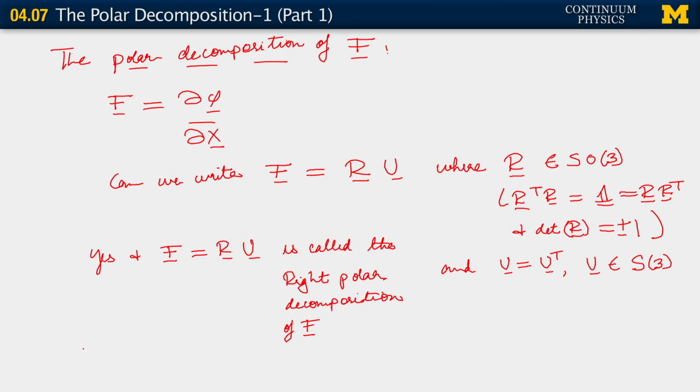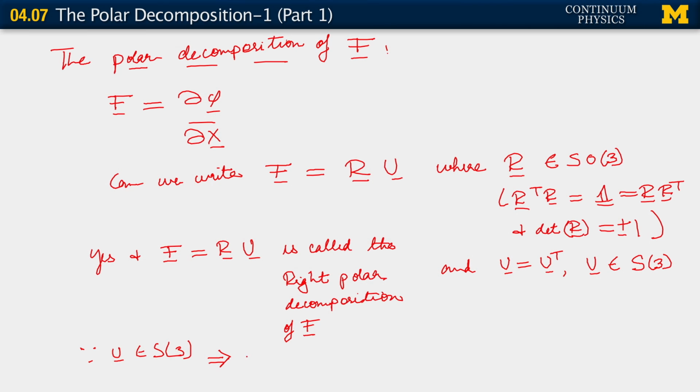We've decided that U is symmetric. So if U is symmetric, we have the following. Since U belongs to S3, which means U is symmetric, what this implies is that from the standard eigenvalue decomposition of U, the eigenvectors of U can be made orthonormal, and the eigenvalues are real. So let's write that.